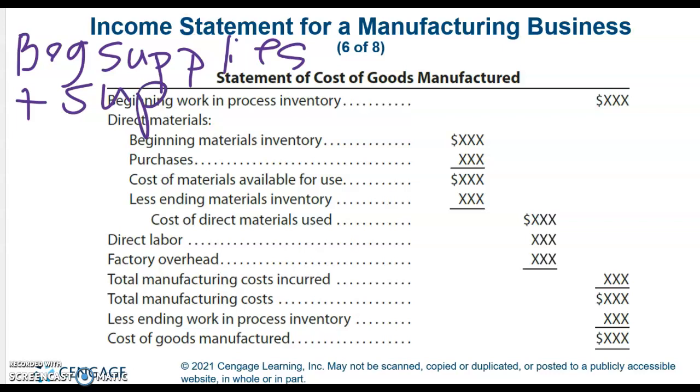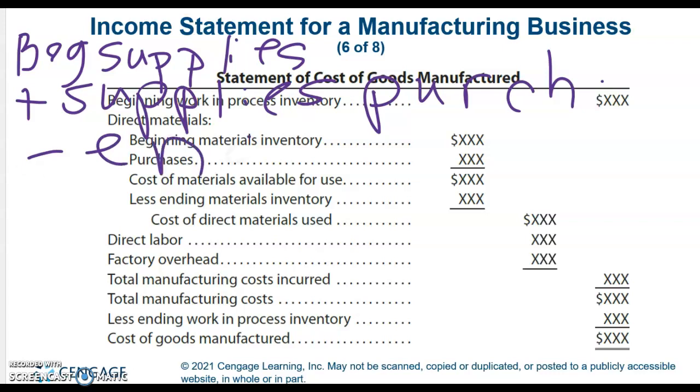I'm just going to write over this for a minute just to show you. I'm using my finger here, so bear with me. So you would have beginning supplies, and then you would add supplies purchased, and then subtract out what's left.